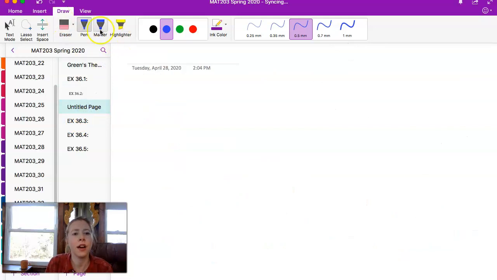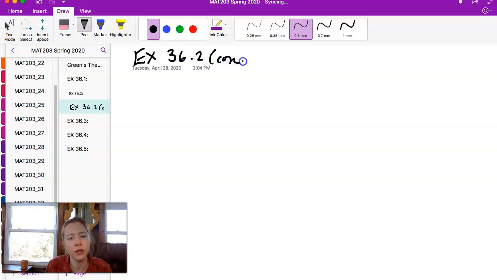Don't worry about it. All right, so we're on exercise 36.2, continued. Okay, so now let's go ahead and compute our line integral.